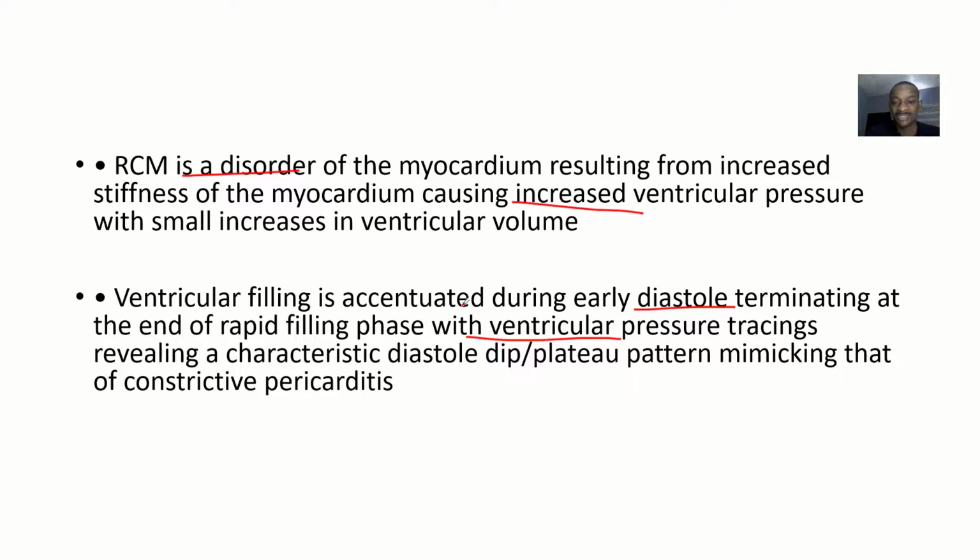A characteristic dip, or a pattern mimicking that of constrictive pericarditis. So instead of the diastolic stage happening from beginning to end, the diastolic stage could be just very small. That means the heart is not relaxing more than usual for blood to fill it.